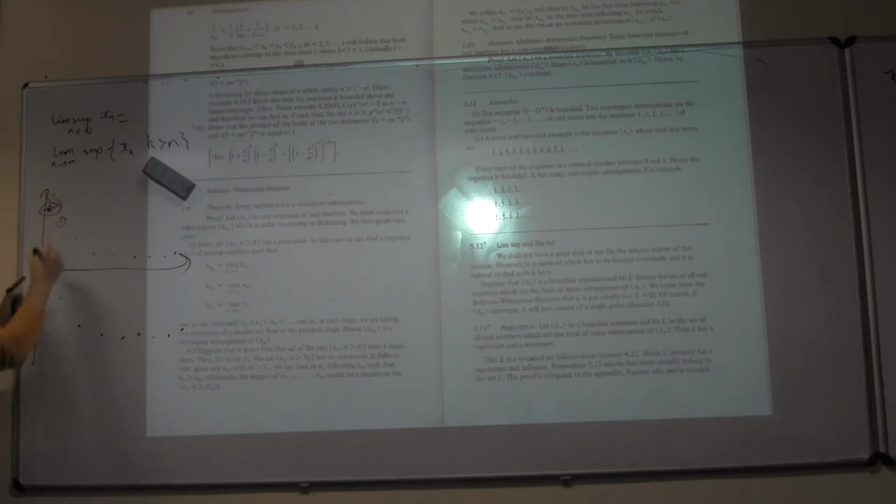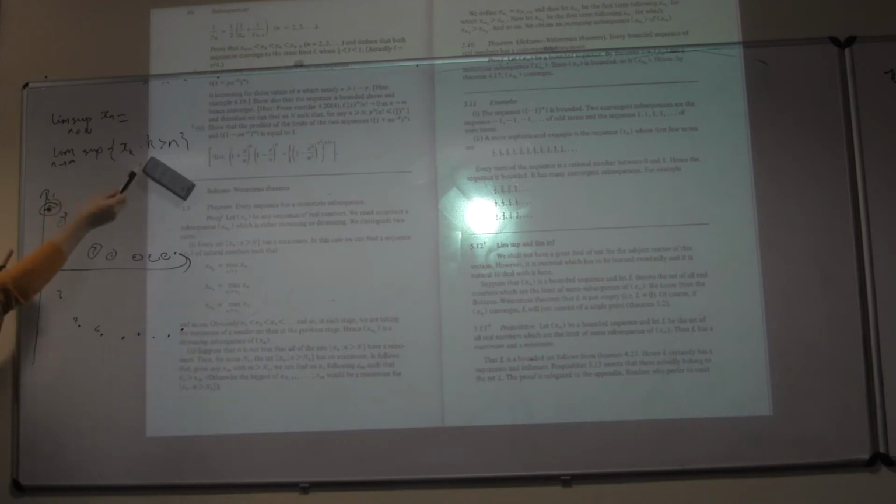If we look from there onwards, this is the supremum. If we look from here onwards, this is the supremum. So this construction, the supremum from a point onwards, is defining a subsequence, and then we're taking the limit of that subsequence.